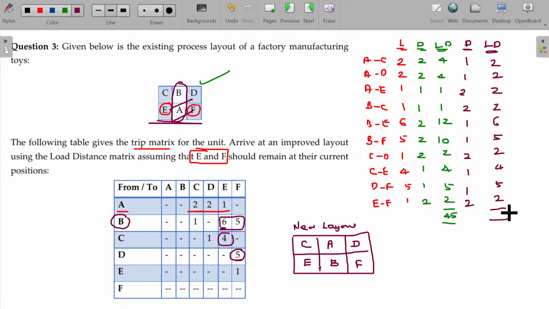What's the total value? 32. So the new layout is now recommended here.